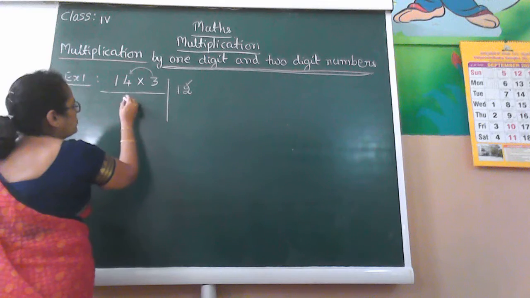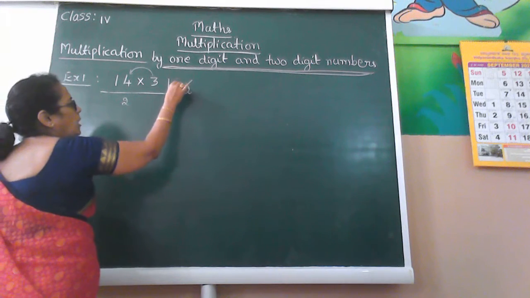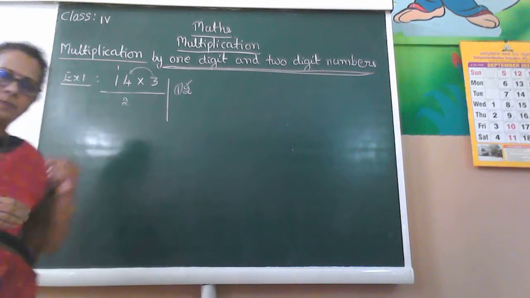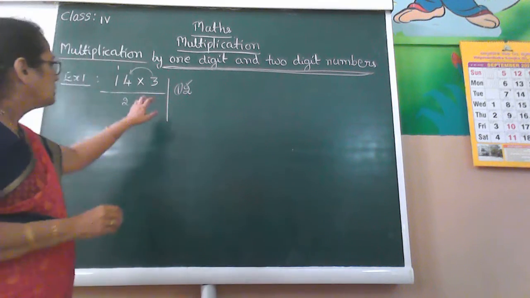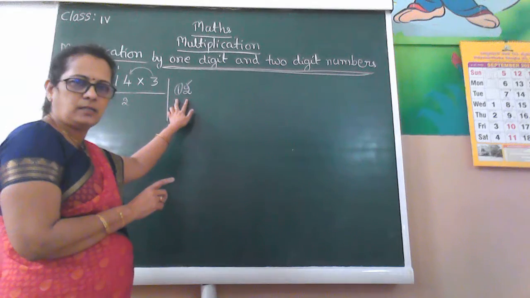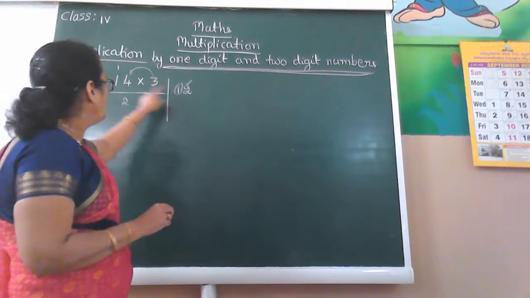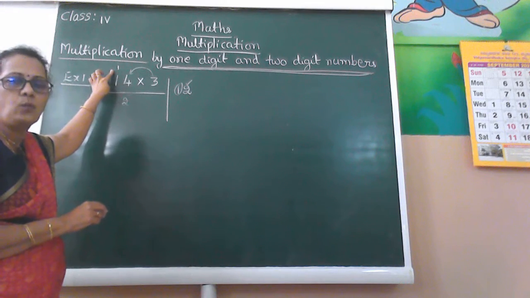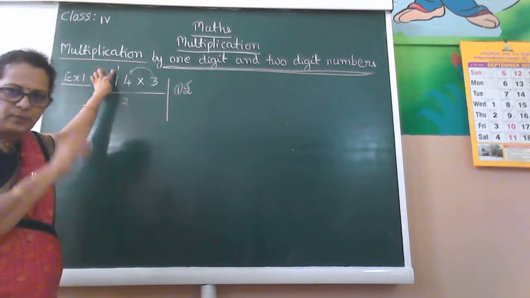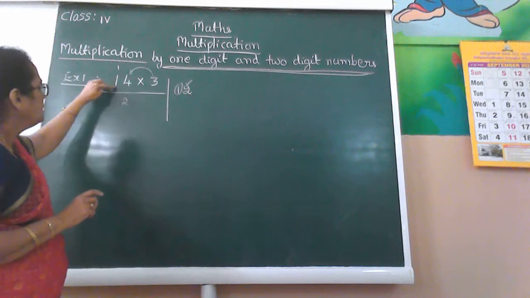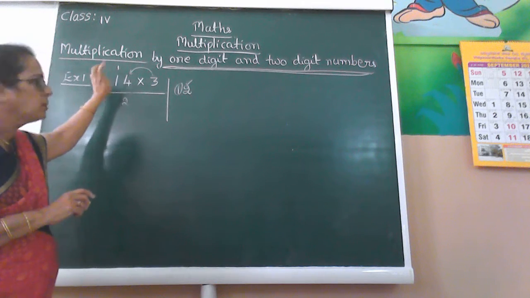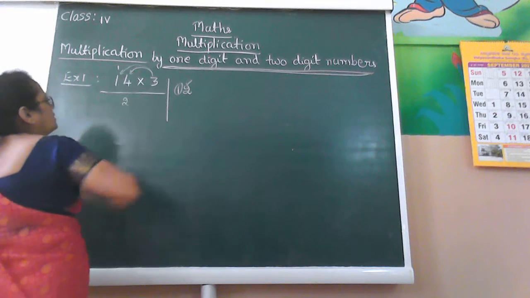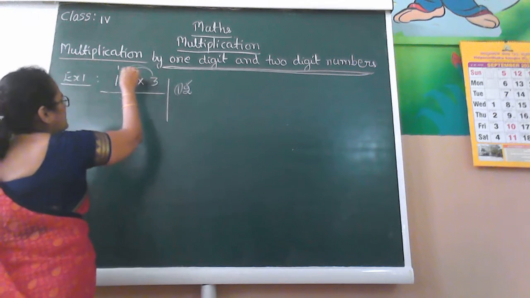Write this 2 here and the 1 you give as carry, that is here. You got 2 digits here, so the 1 you give above the tens number, that is 1. You need to give the carry, that is the 1 here, as a carry above this. Okay, then next, 3 ones are how much? 3 ones are 3.